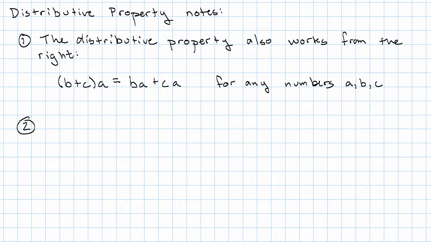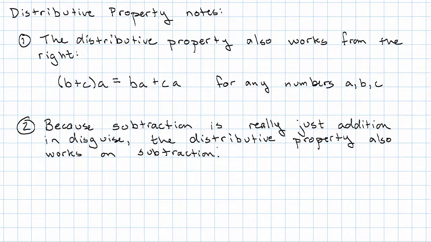The other thing to be aware of about the distributive property is, because subtraction is really just addition in disguise, the distributive property also works on subtraction. I could write that out the long way. If I have A times (B minus C), well, I can rewrite that subtraction as addition.